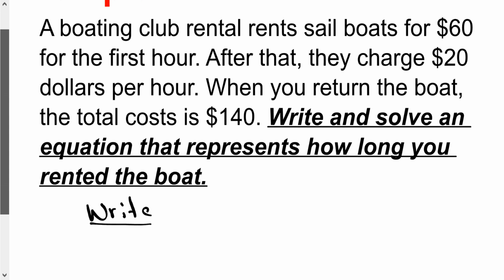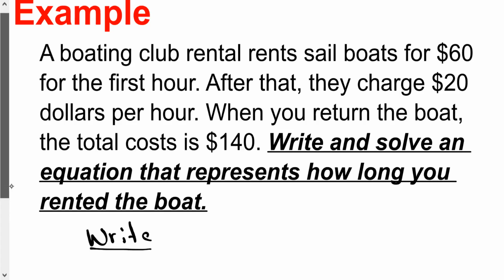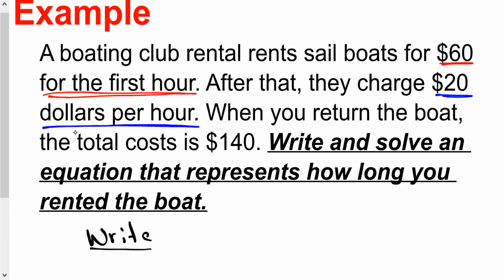Well, let's talk about just in words what we're looking at here. We got an initial cost of $60 for the first hour, and then after that they charge $20 per hour. And that's going to total up to $140 for a total cost.